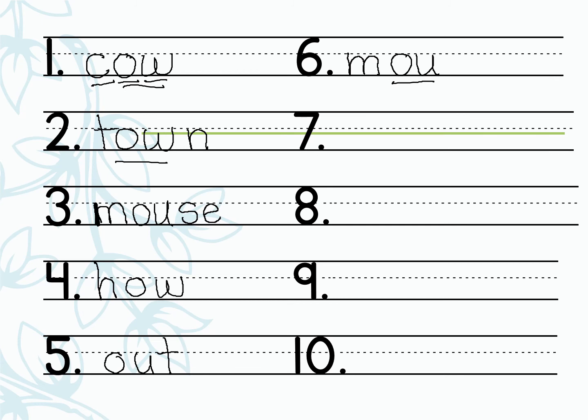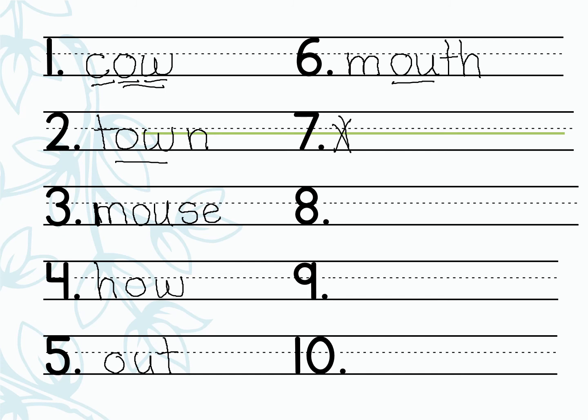We're just practicing. You can cross it off or you can erase it and fix it. Mouth. What sound? Mouth. I stuck my tongue out and I heard a th sound, so that's T-H at the end. Mouth.